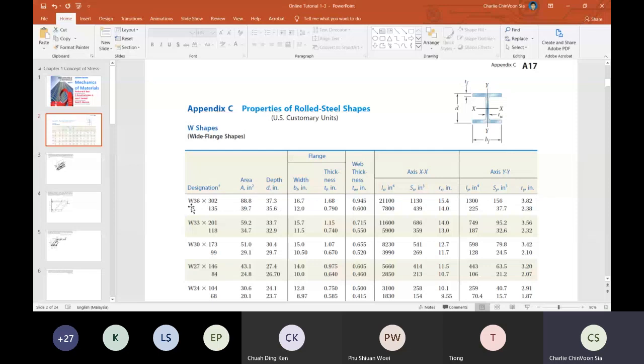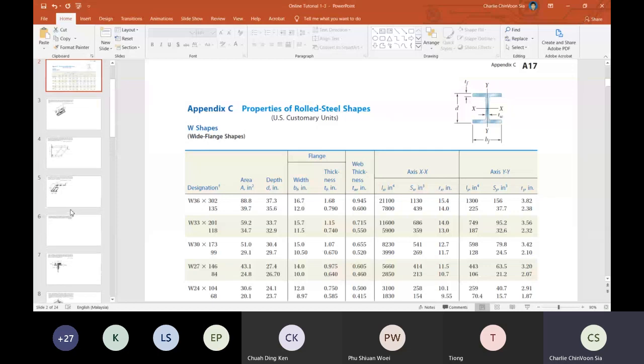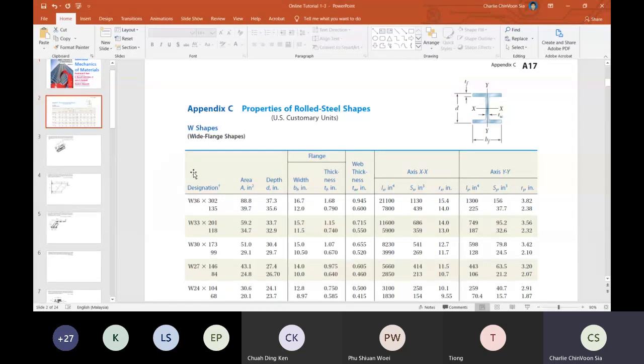For example, W336 multiplied with 302. We need to get the value of the moment of inertia, because when we calculate the deflection, it is 1 over EI multiplied with the equation. So the I value, we need to get it from here if the I value is not given.